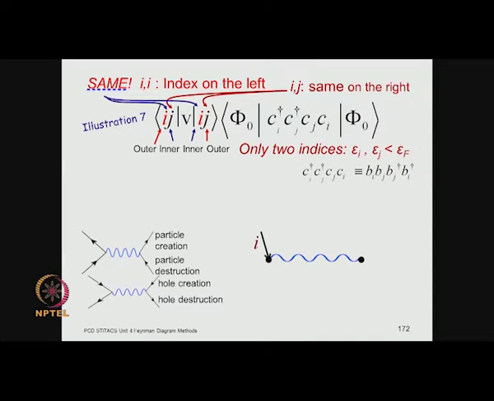So, you have got a hole creation, again a hole creation at the other vertex, and a hole destruction at the first vertex with the same index, and again a hole destruction with the same index at the other vertex. So, that is a picture that is emerging, and what you can obviously do is to show, just the way we had closed the left side with a circle, we can do so also with the right side this time around.